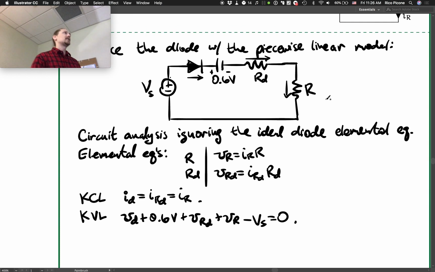So that makes 6 unknowns, right? So we have 5 equations and 6 unknowns. The one equation that we're missing is the one that we left off intentionally, the ideal diode equation, which can be either on or off, right? And that's the point where we have to do our method of assumed states.